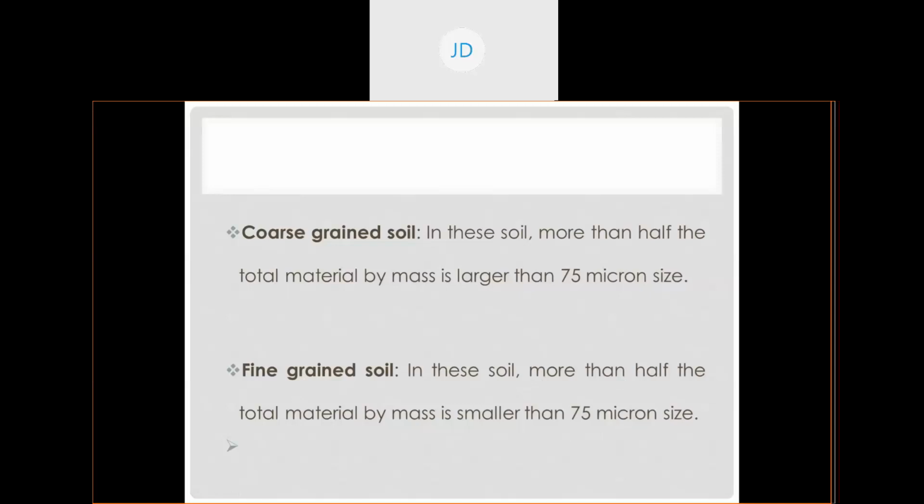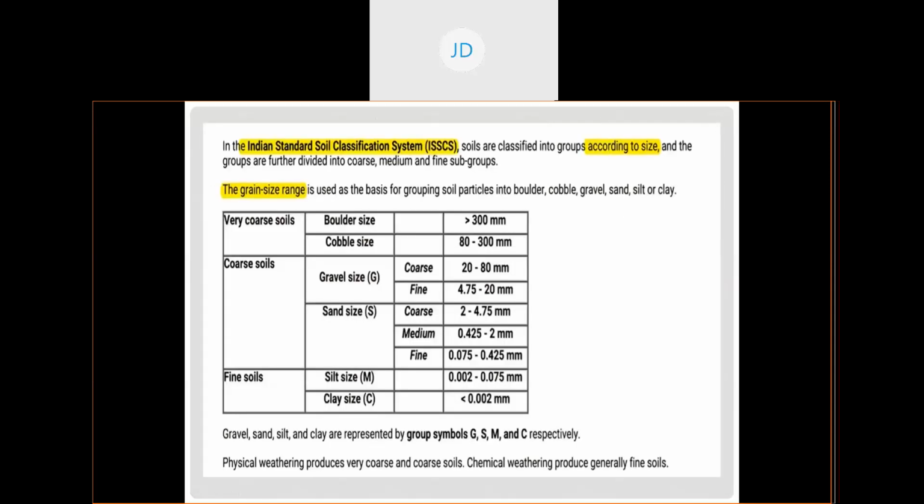What can we understand from this statement? From this table, as I already told you, 75 micron or 0.075 millimeter is the boundary size between fine grained soil and coarse grained soil.